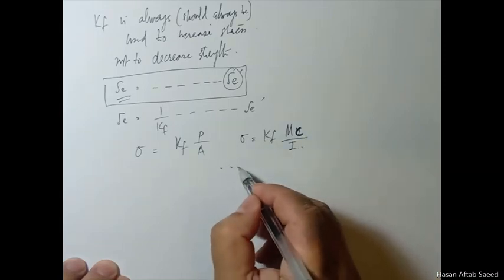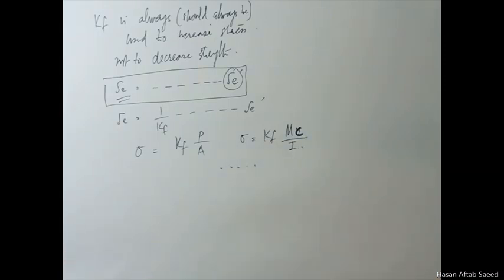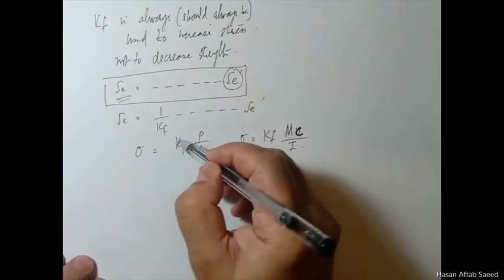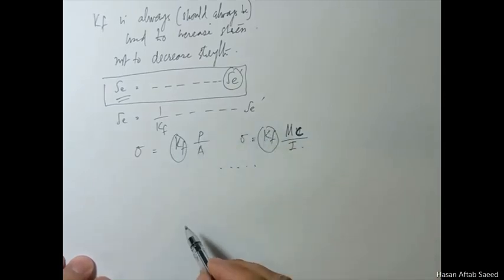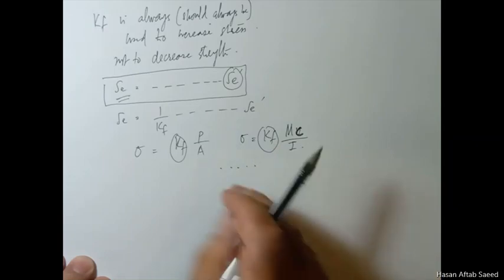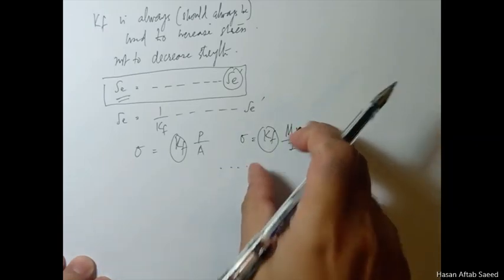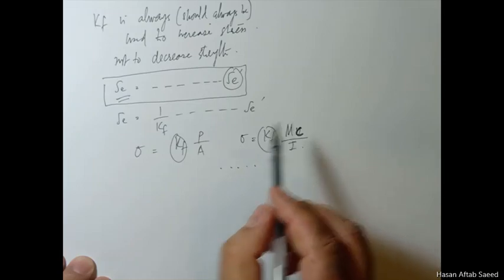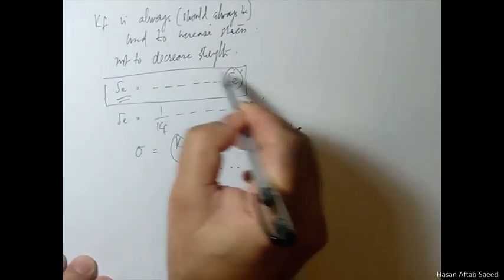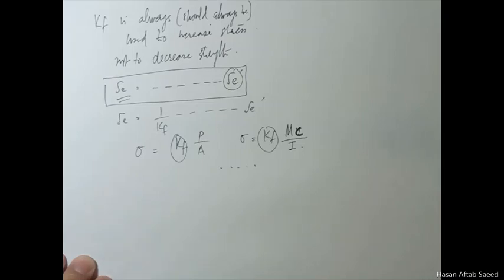Why? Because if you have a case of combined loading, then you have different KFs for the same geometry. You have the same geometry, but the loading is different. Axial loading, and for bending you'll have different KF because KTs are different. So how can you reduce the strength when you have different KFs?